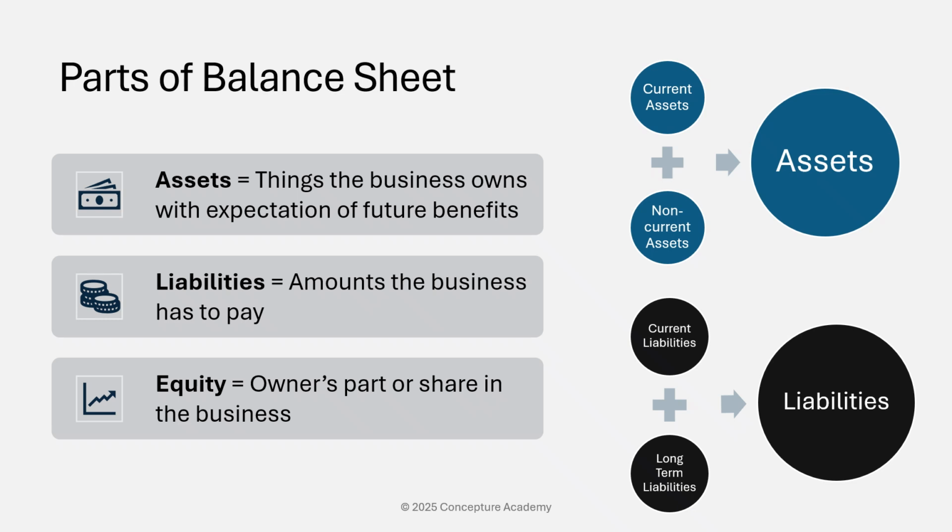Liabilities are also categorized into two types: current liabilities and long-term liabilities. Current liabilities are paid within a year, for example, bills, wages, short-term loans, while long-term liabilities are paid after a year, for example, big bank loans or bonds.